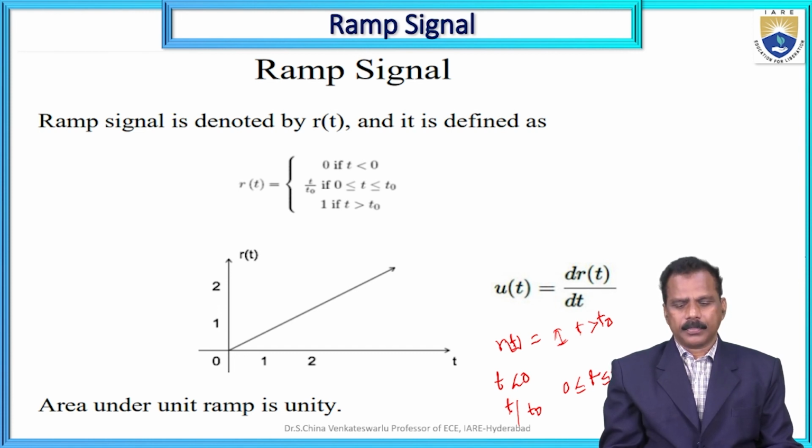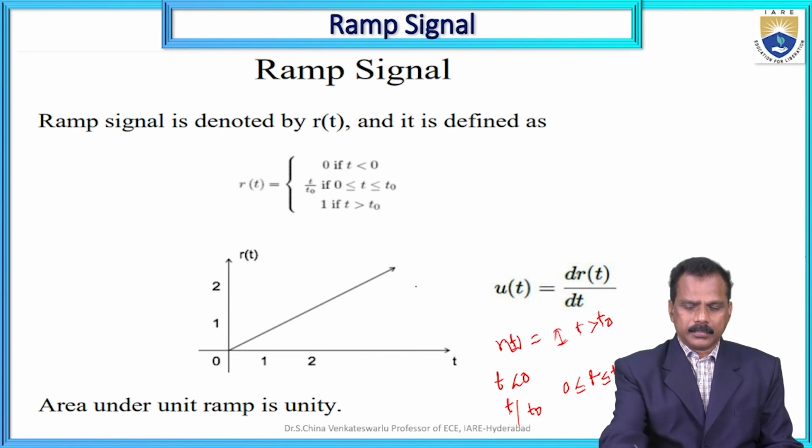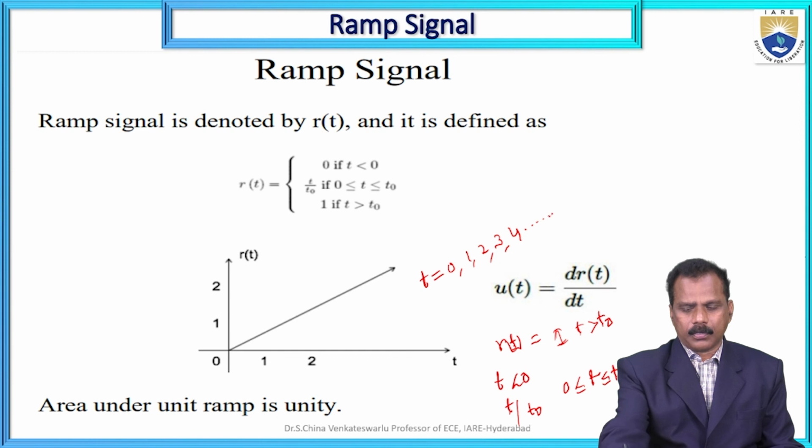The area under the unit ramp we can verify graphically, t versus r of t, where t is substituted with 0, 1, 2, 3, 4 and so on. r of t is defined according to the condition: 0 if t less than 0, t by t naught if 0 less than or equal to t less than or equal to t naught.